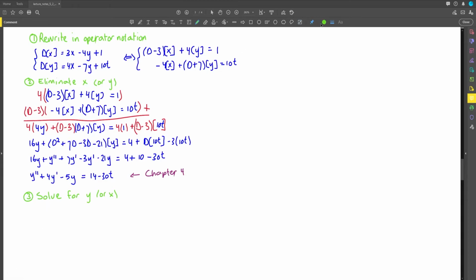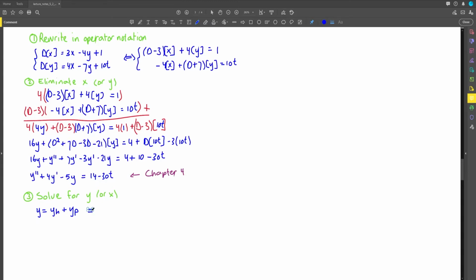So we know that our solution will look as follows. We have y equals yh plus yp. So it's the solution to the homogeneous equation and then a particular solution. Now, to find the particular solution, we can use the method of undetermined coefficients, or you can use variation of parameters.